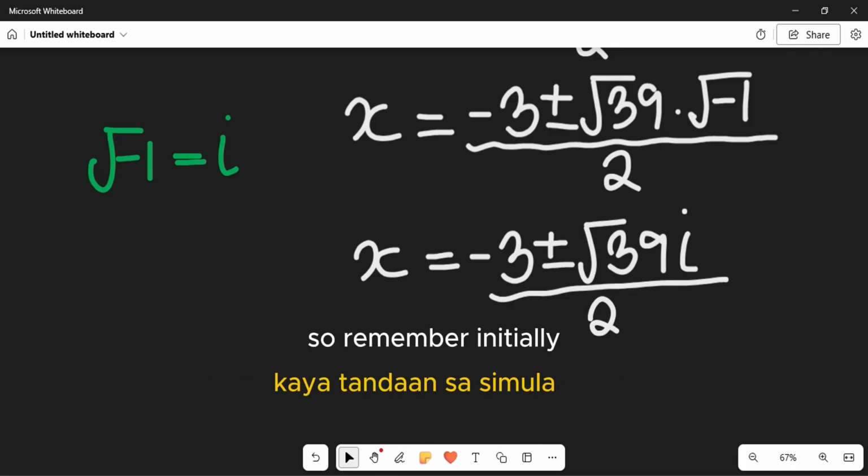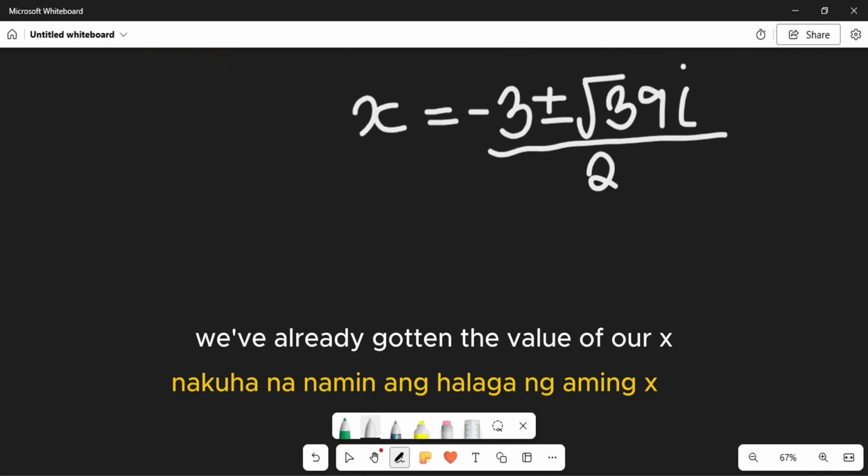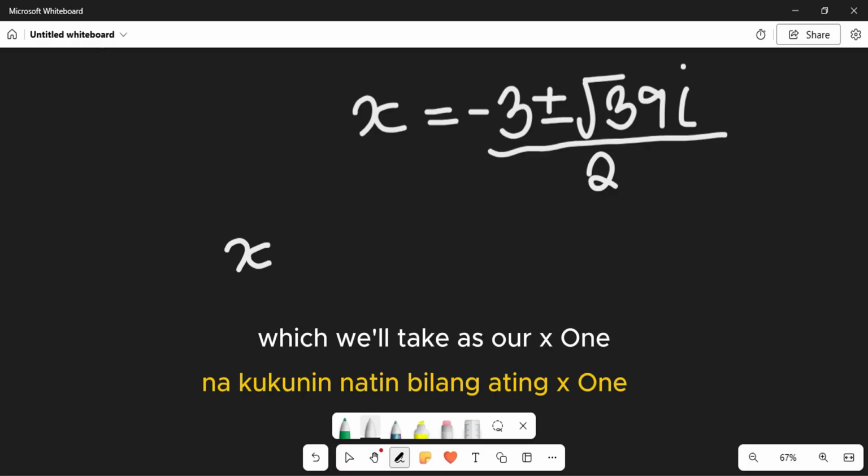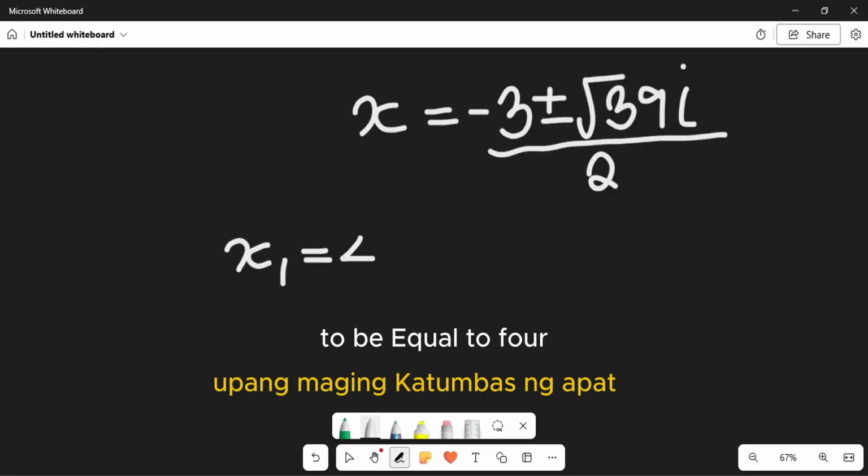So remember, initially we already got the value of x, which we will take as our x1, equal to 4.